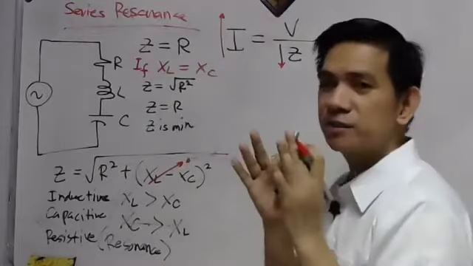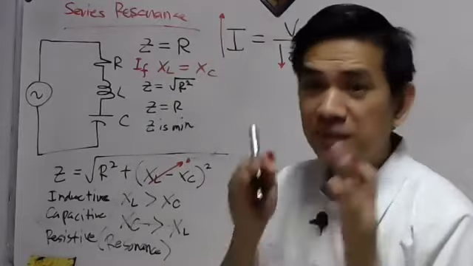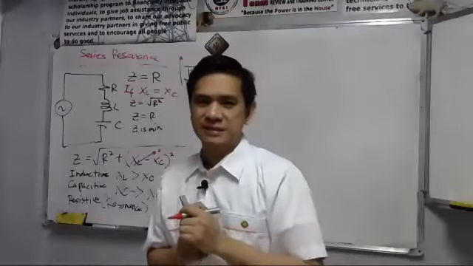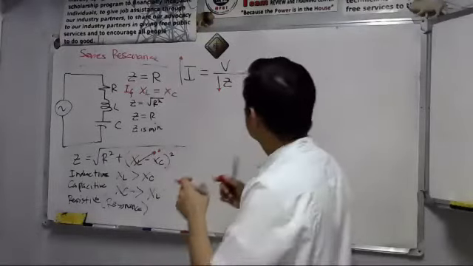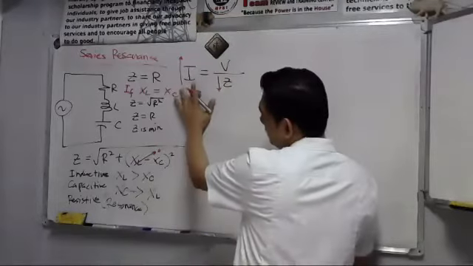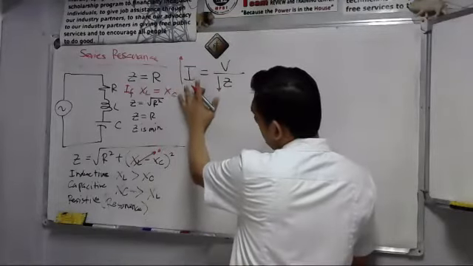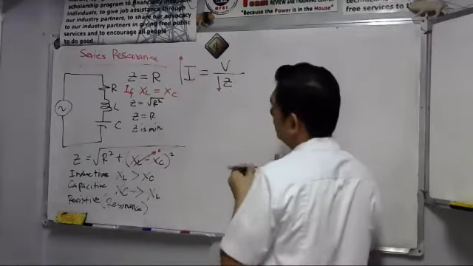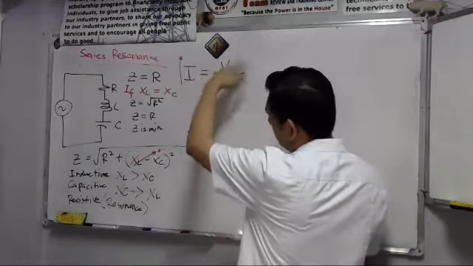So meaning resonance condition is a minimum impedance but maximum current. Yun. So ganun po yan. No? So minimum impedance but maximum current. So, that is our resonance condition. Okay? Yan ang resonance condition natin.